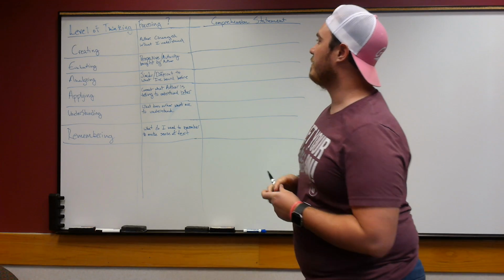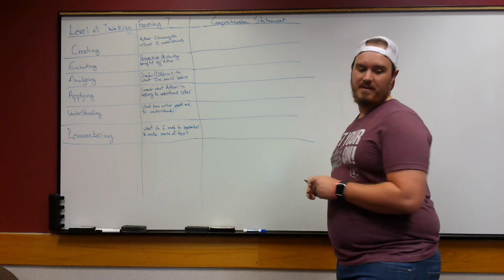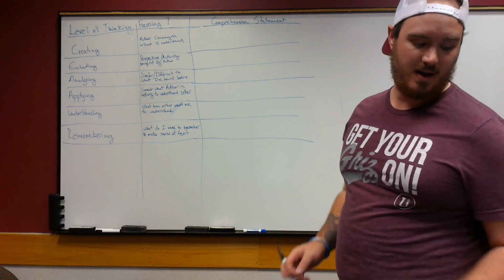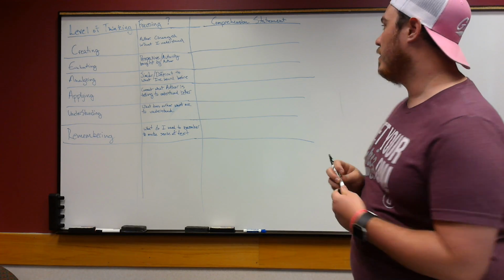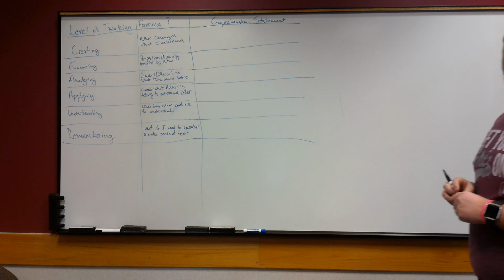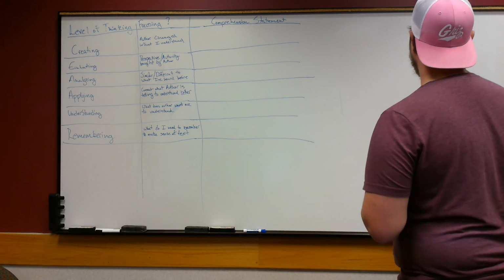For the creating level of thinking, the focusing question directly from your self-questioning chart is, how has the author changed what I understand? For me, Tavani talks a lot about defining a purpose for an academic text.